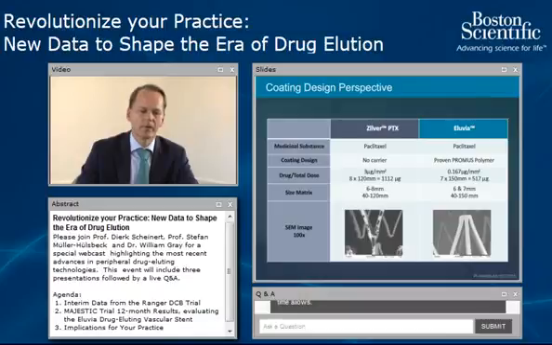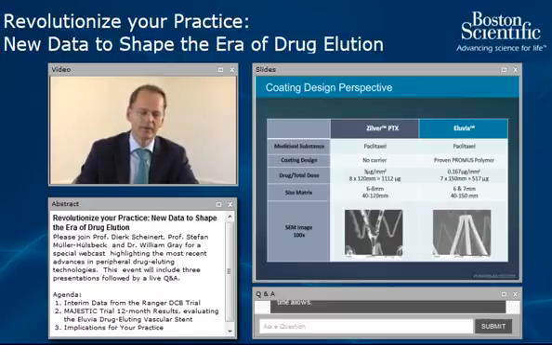Looking a little bit closer at coating design comparisons, the Silver PTX has no carrier, whereas the Eluvia drug-eluting system has a proven polymer. And there's also a major difference in terms of the drug dose.